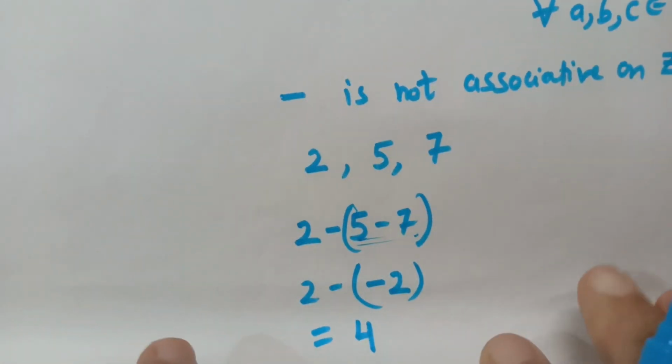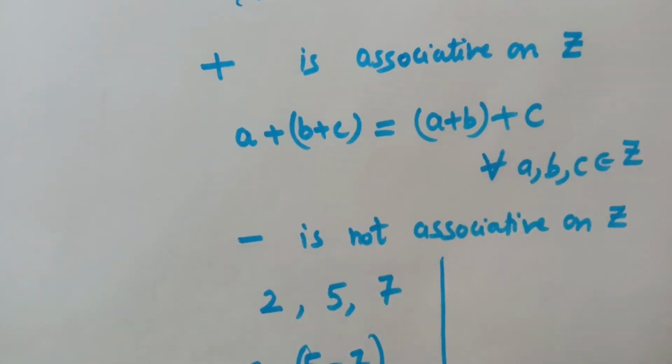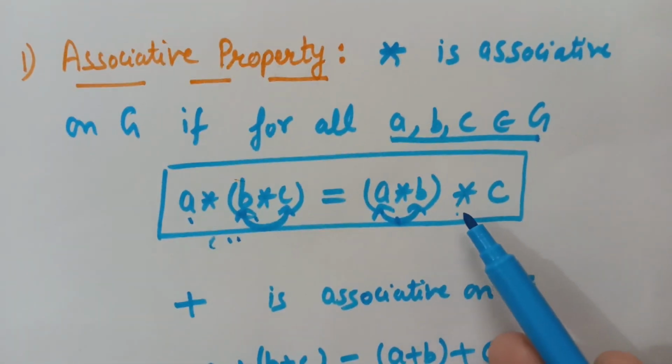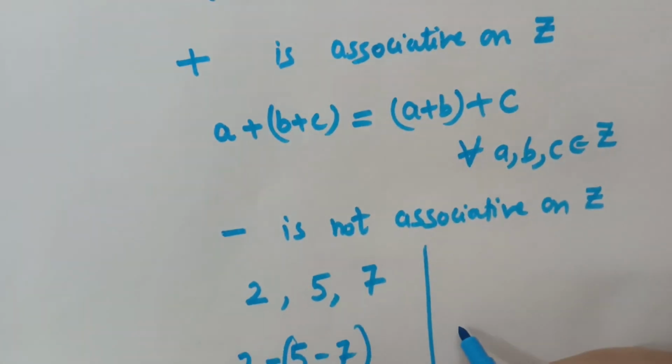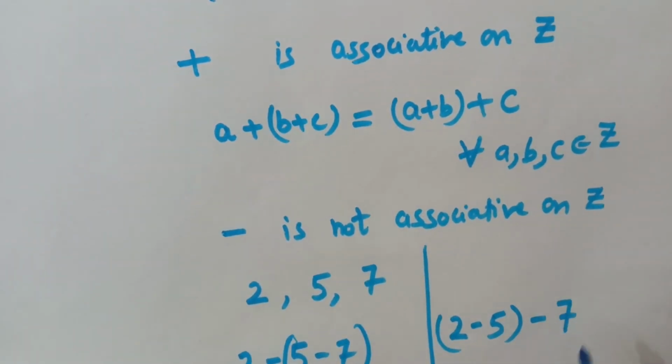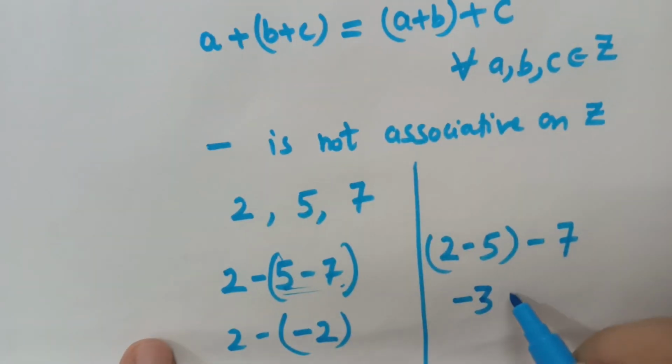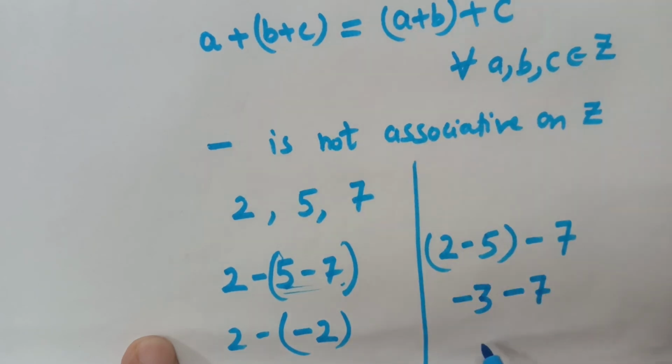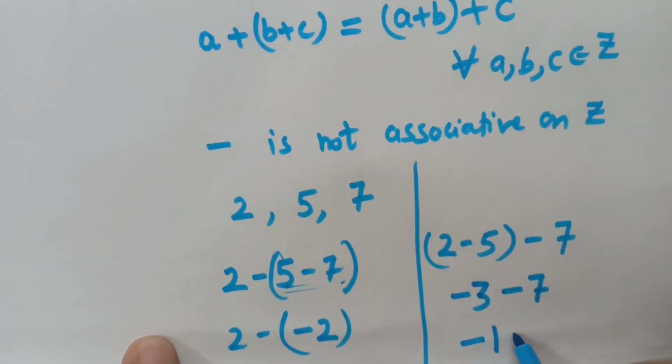Clear? But if we operate as on the right hand side, (2 minus 5) minus 7, then 2 minus 5 is minus 3, minus 7, and we will get minus 10.